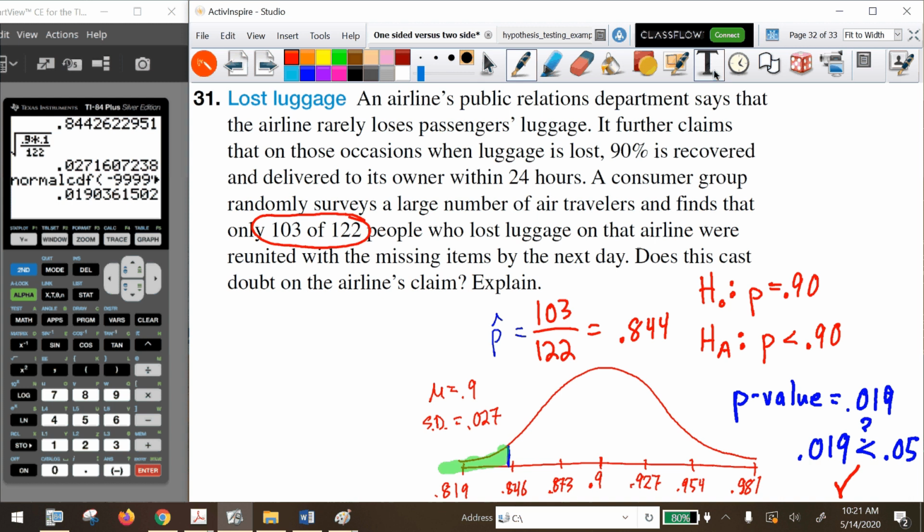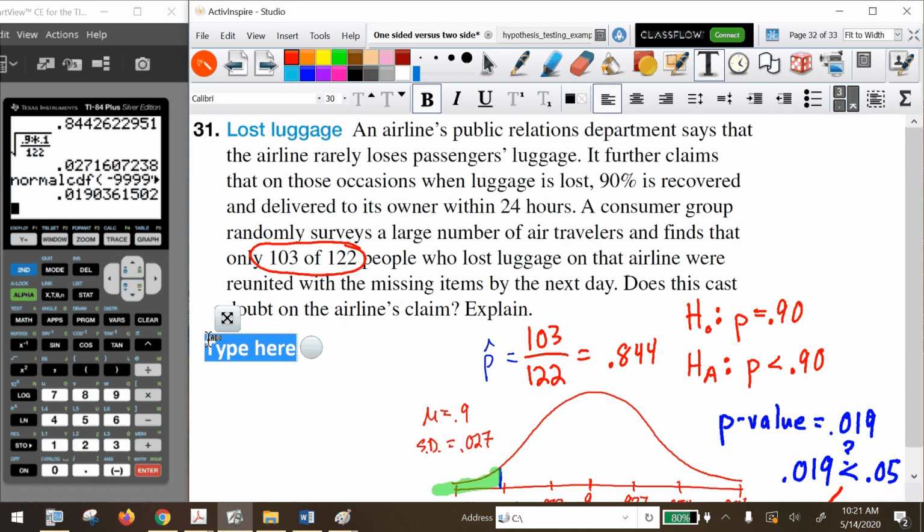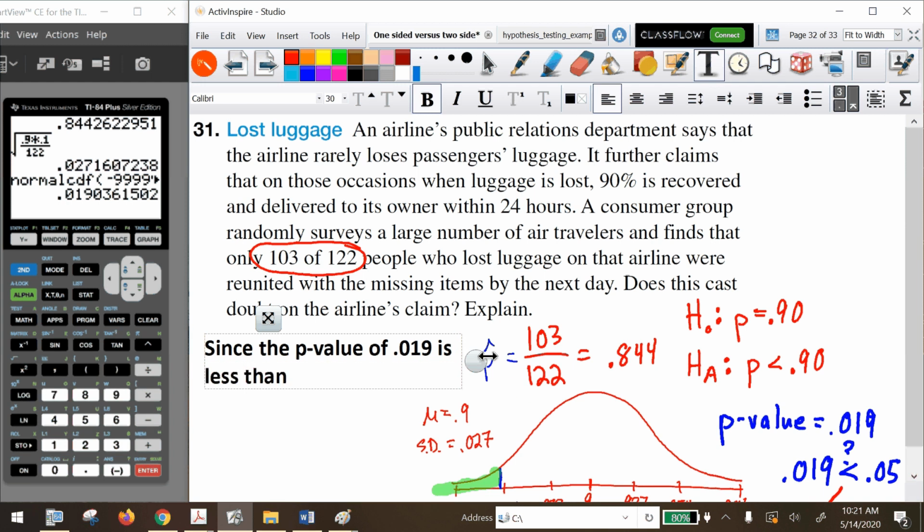So I'm going to say, since the p-value of 0.019 is less than 5%, there is evidence to reject the null hypothesis. I'm just going to say we should reject the null hypothesis.